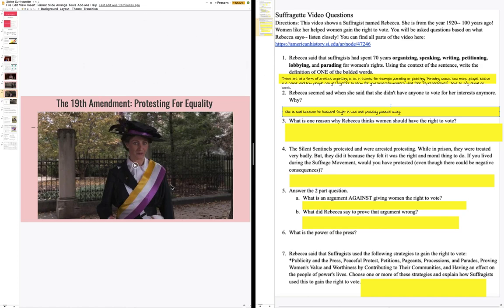Remember, this is 1920. This is right after World War I ended. A lot of men fought in World War I and passed away. So women no longer had anybody to vote in their interests.